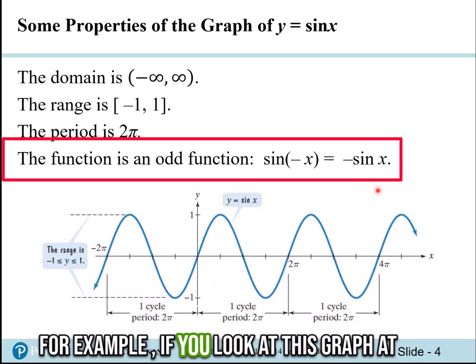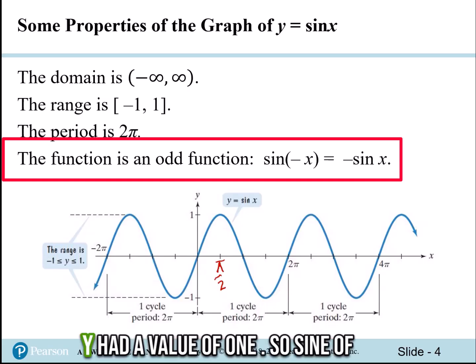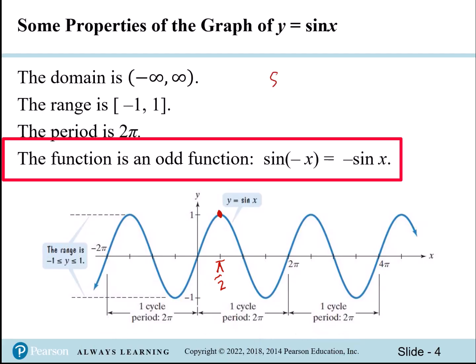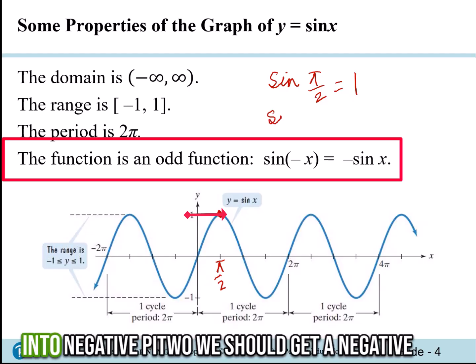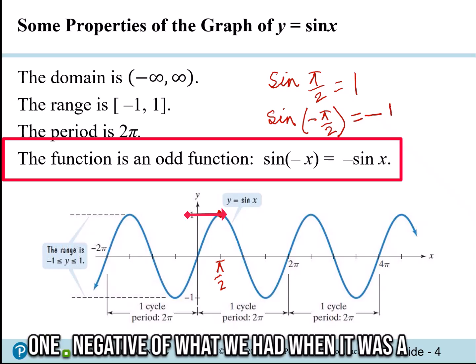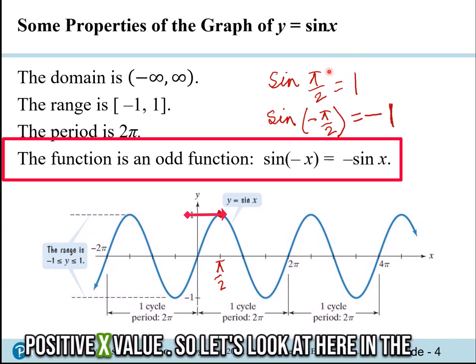For example, if you look at this graph, at pi over 2, y had a value of 1. So sine of pi over 2 equals 1. If we change the pi over 2 into negative pi over 2, we should get a negative 1. Negative of what we had when it was a positive x value.